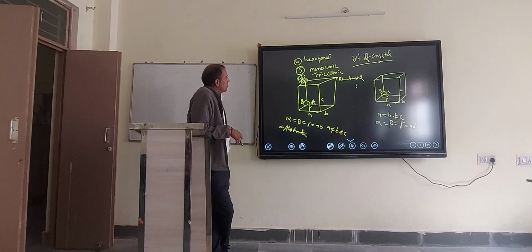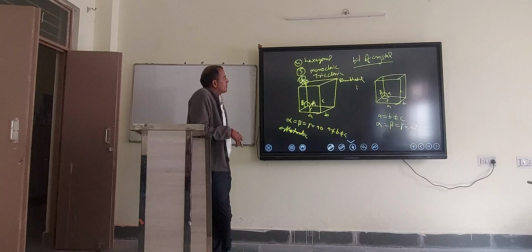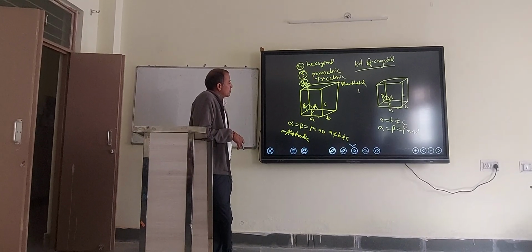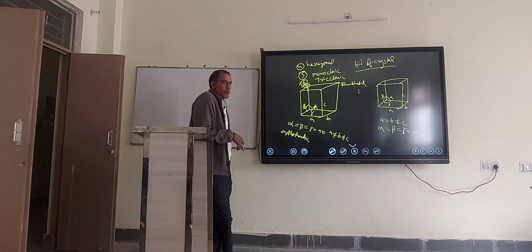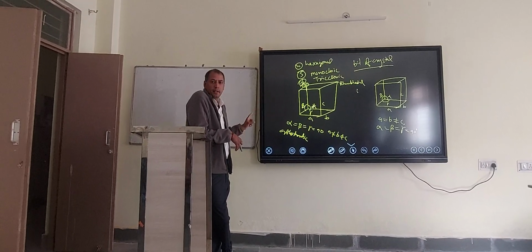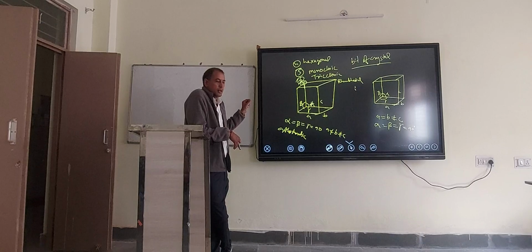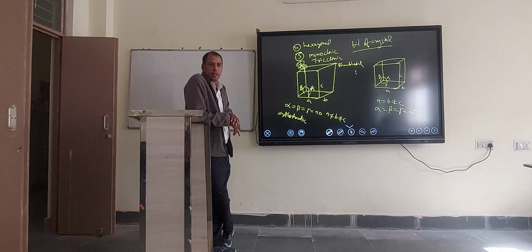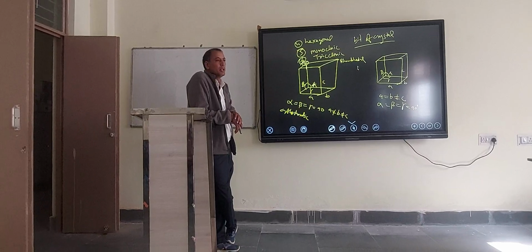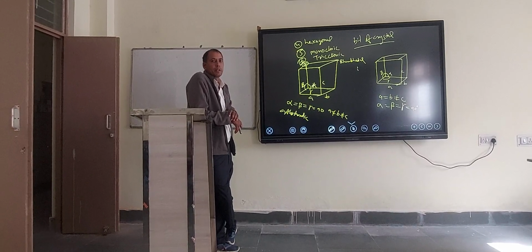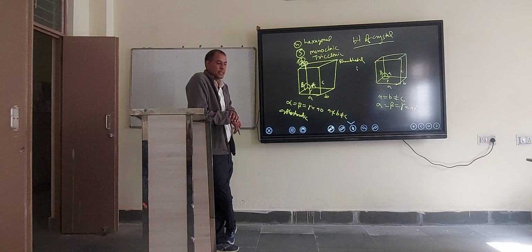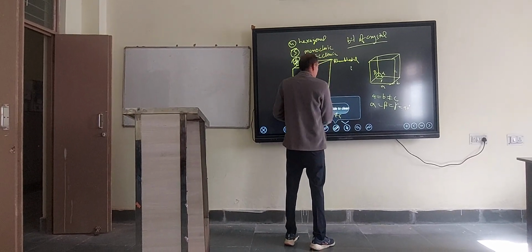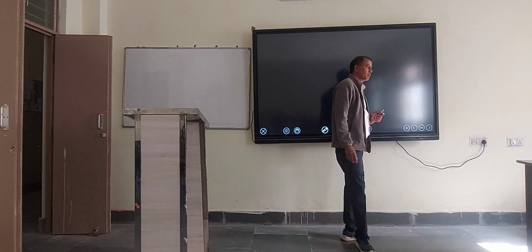All these unit cells are divided on the basis of the edge distances a, b, c and the angle between faces, the interfacial angle. In hexagonal, there is an angle of 120 also. These are the seven types of crystal system possible.